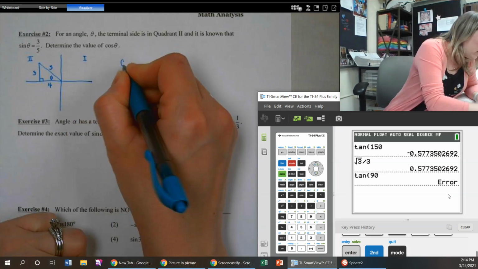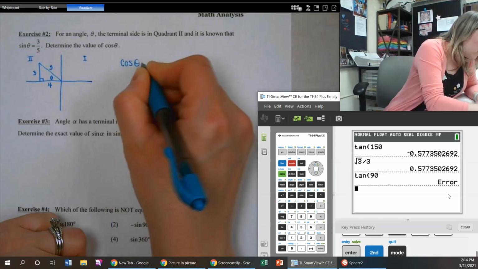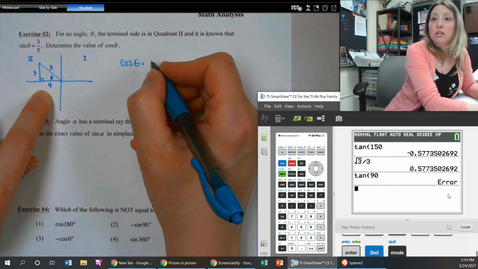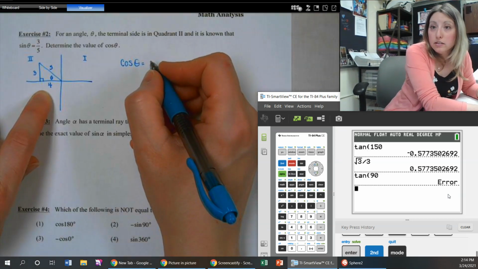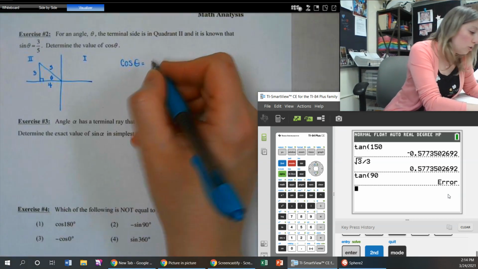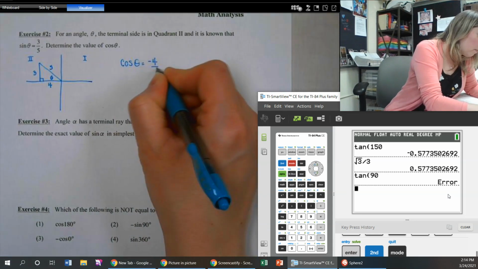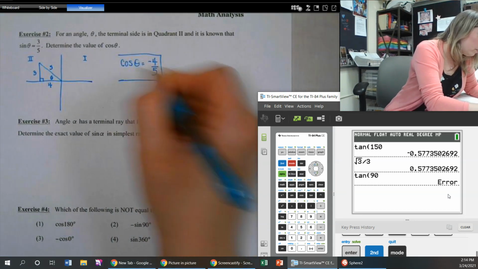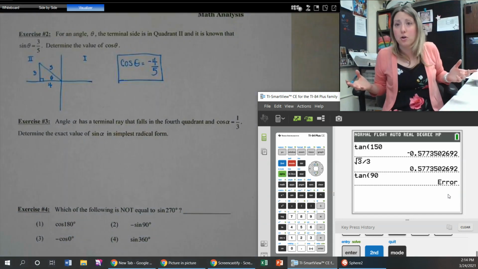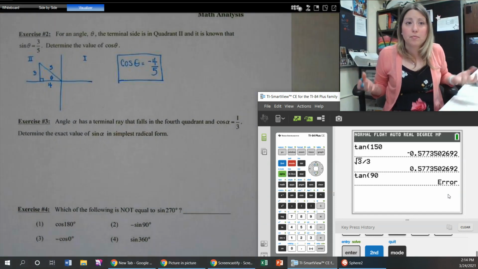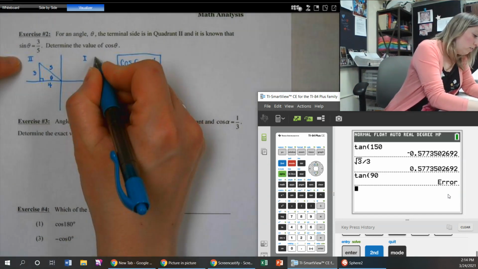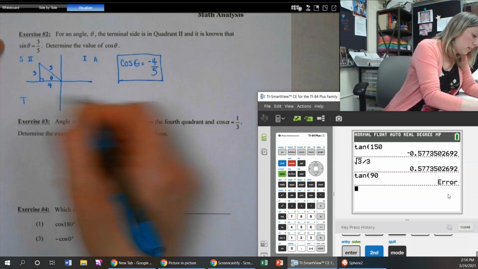So what I need to be careful of is that cosine in quadrant 2 is negative. That's my answer. That's it. That's all I have to do. Okay. So all students take Collins.